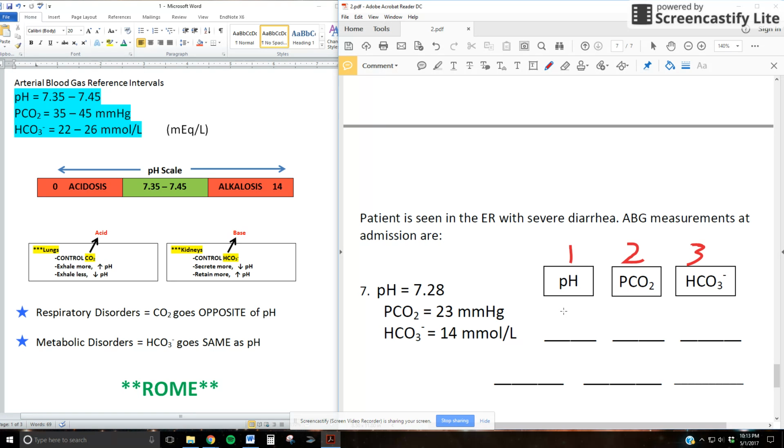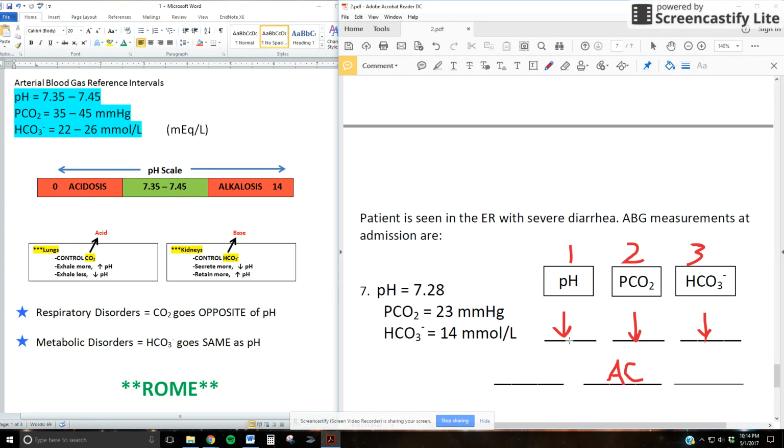It's decreased. So we know it's acidosis. PCO2, 23. That's decreased. HCO3, 14. That's pretty decreased.